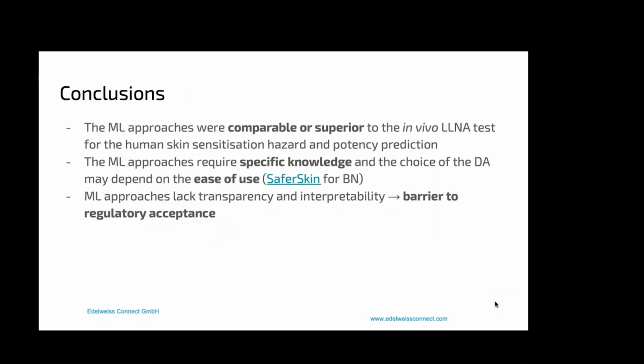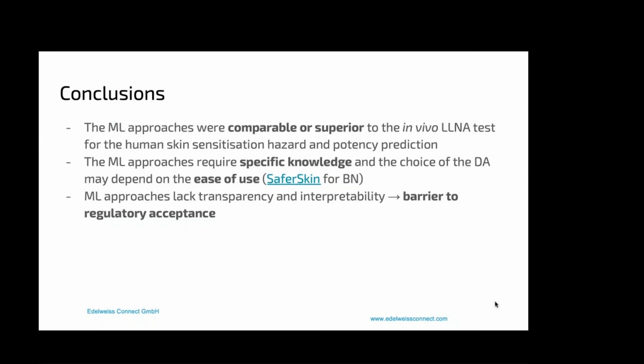So here are the conclusions. We saw that all these defined approaches that use machine learning are comparable or superior to the LLNA, and they require specific knowledge if you want to implement them. But luckily, for example, our Safer Skin application makes it easy for users to apply the Bayesian network. So this is one good example of how you can still apply this relatively difficult to implement defined approach.